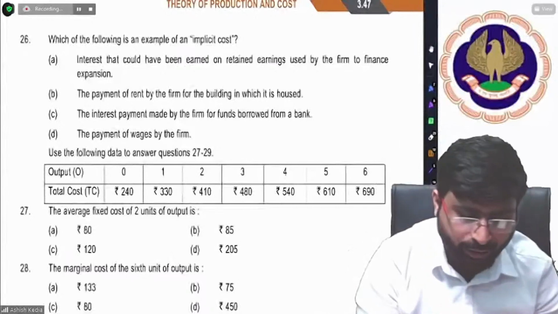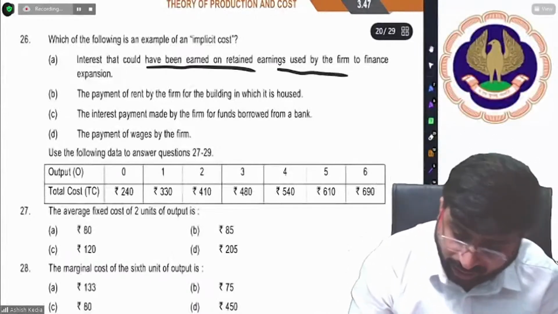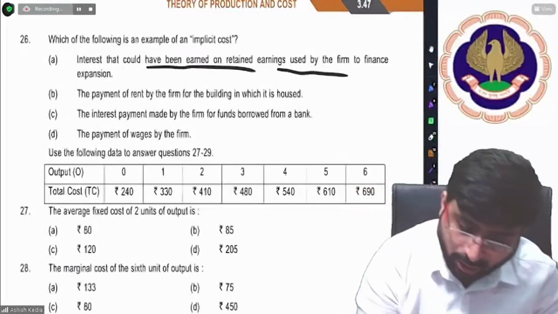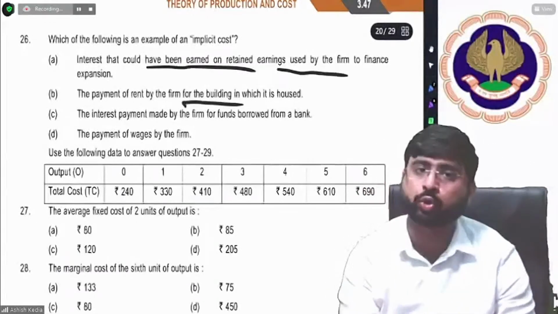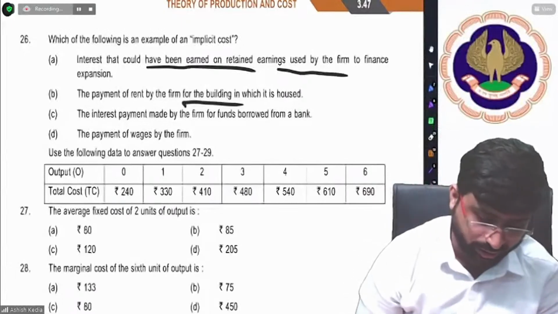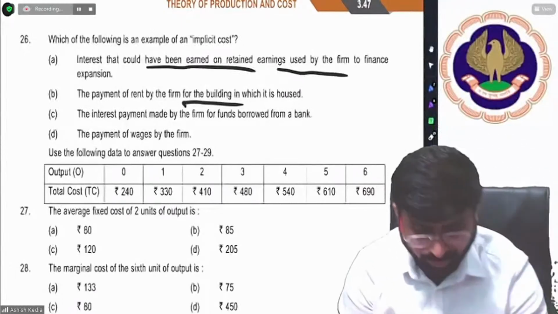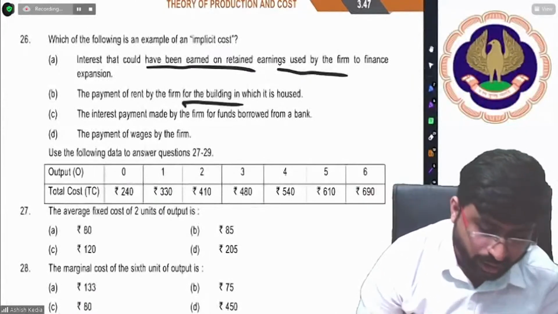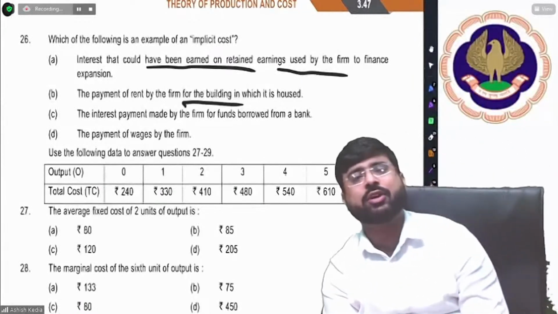For example, interest that could have been earned on retained earnings to finance expansion; the payment of rent by a firm for the building in which it is housed; the interest for borrowed funds; and finally, the payment of wages by the firm.